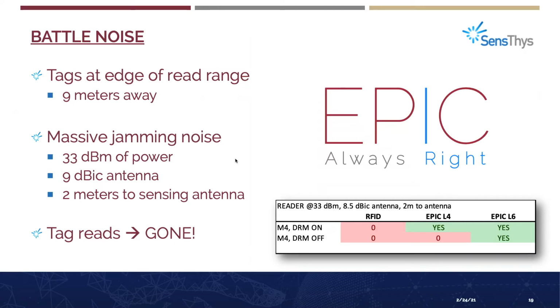You turn on L4 with the DRM feature on the reader, and we can still detect those tags. You take L6, whether DRM is on or off, we absolutely positively can detect that tag and verify that the data on the tag is correct. And these types of wicked RF environment exist in factories.